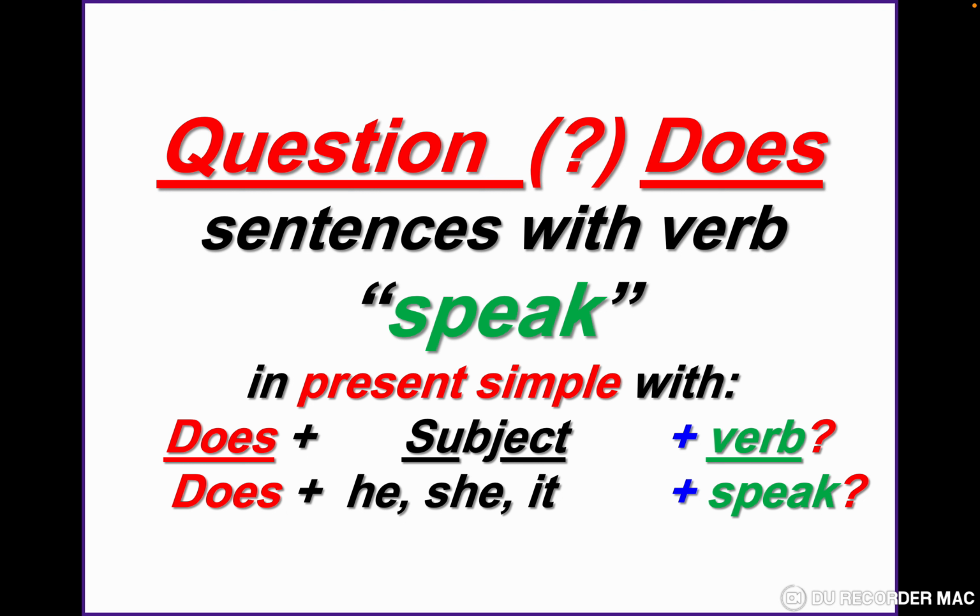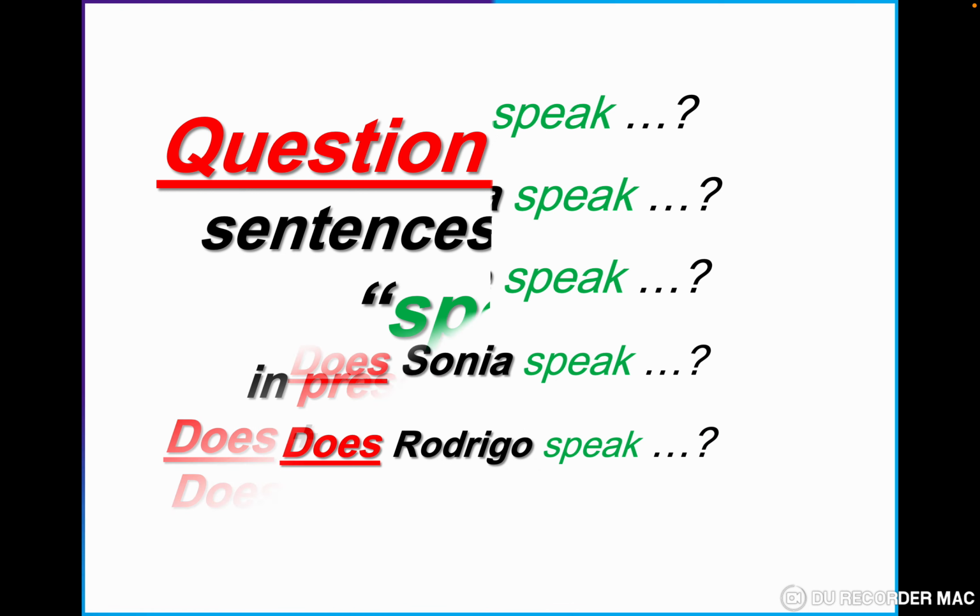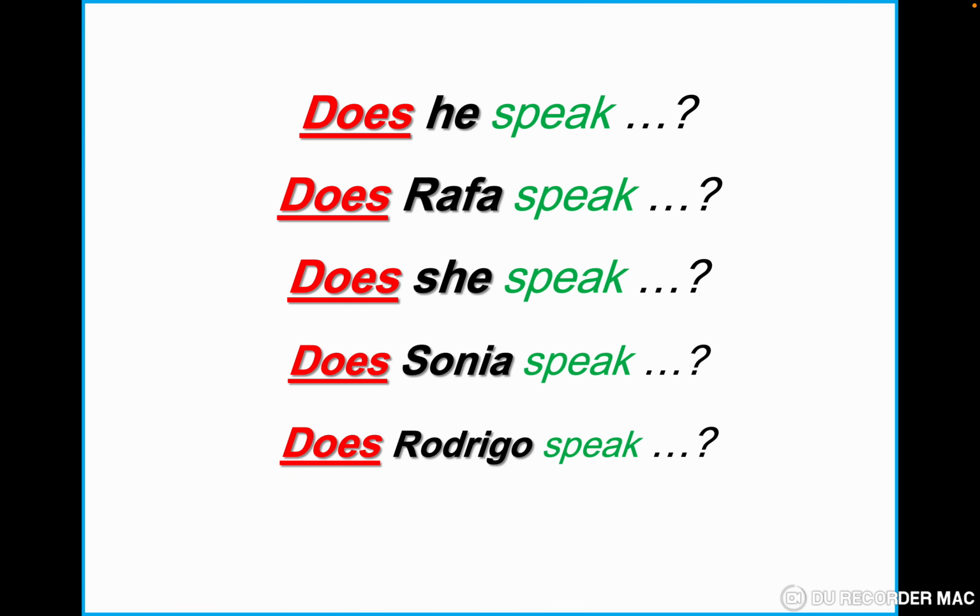Does it speak? The verb takes an s only in the positive form. You should remember this. Let's go to real examples. This is just the rule. Does he speak? Does Rafa speak? Does she speak? Does Sonia speak? Does Rodrigo speak?